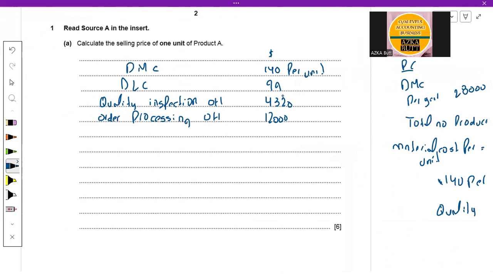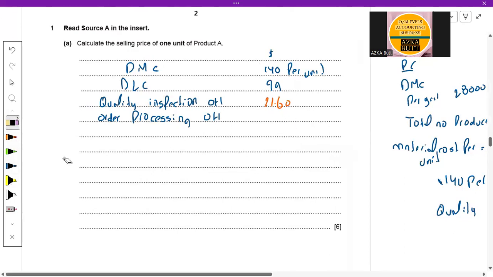Quality inspection overhead per unit is okay. So I've written the total, and that was 21.60. And order processing overheads, this is $60.